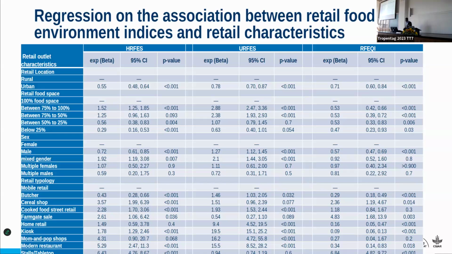Now, if you look at the gender, the female will more likely sell healthy food groups compared to the male. Now, looking at the retail outlet types, kiosk, it is not necessarily kiosk. I think that has been misrepresented there.